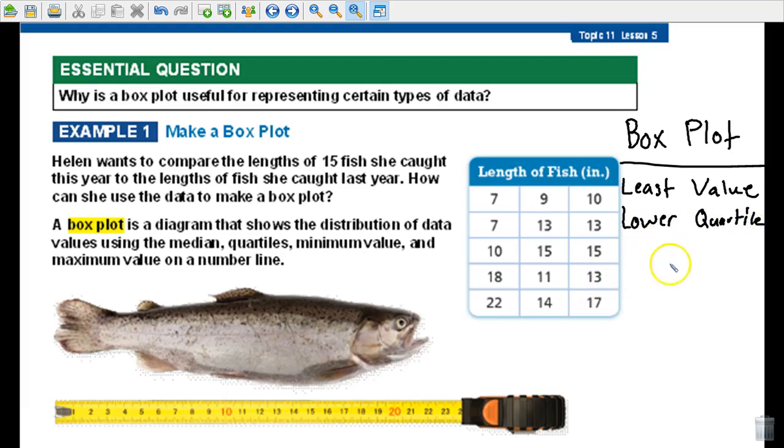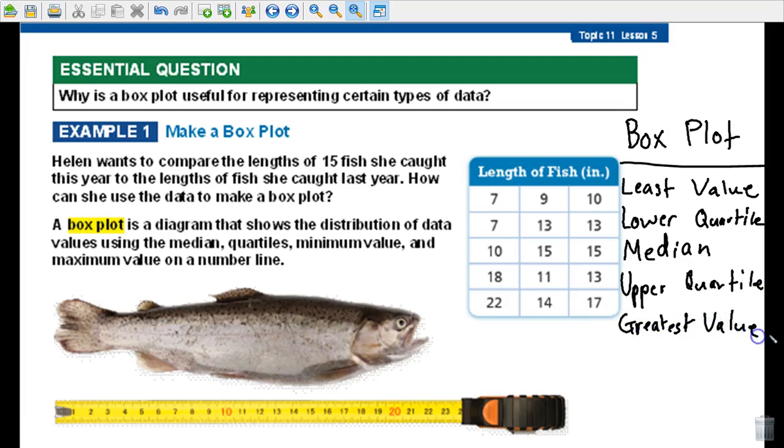Then we've got the median. Then we've got the upper quartile. And then we've got the greatest value. So we need all of these things to make a box plot.